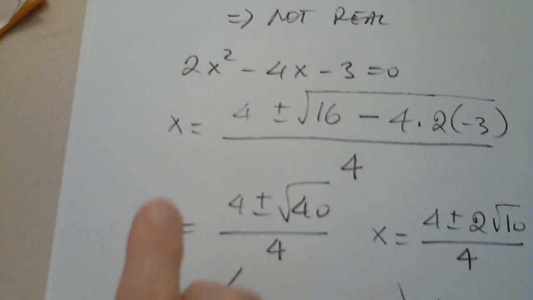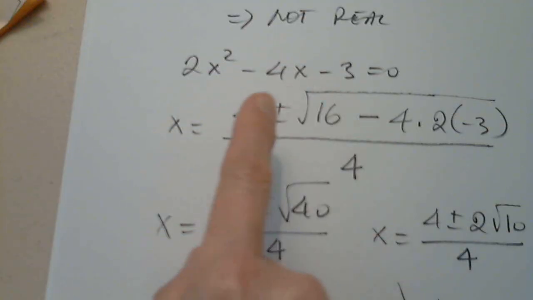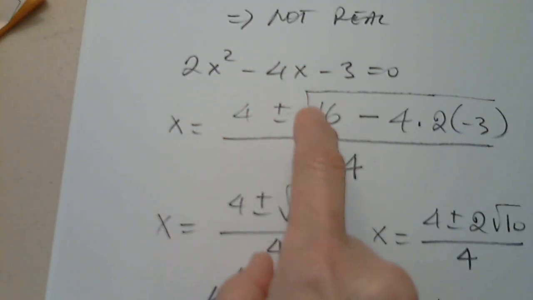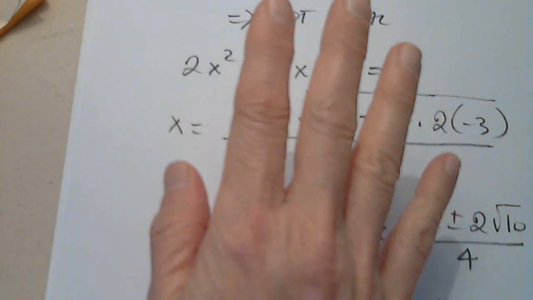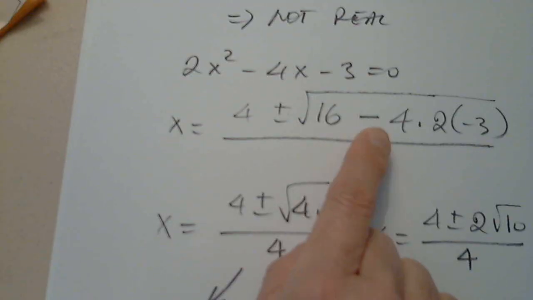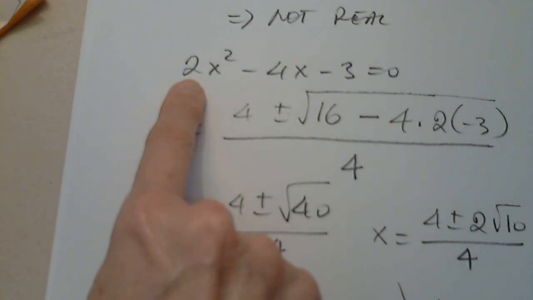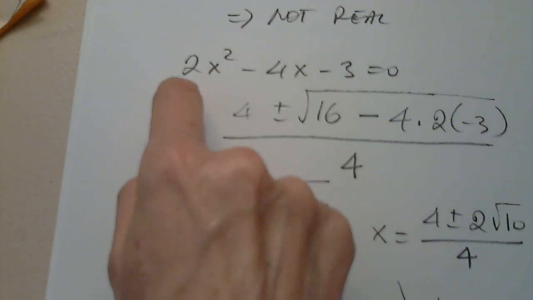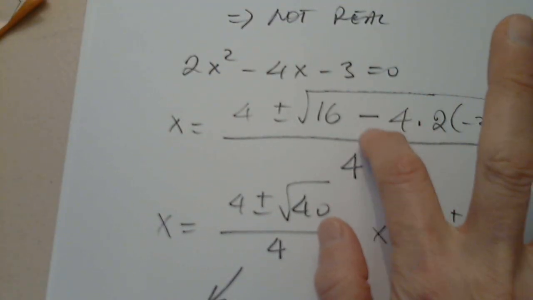So a is 2, b is negative 4, c is negative 3. Negative b, the opposite of negative 4, plus or minus the square root. You don't care what b is. When you square it, you get a positive number. Negative from the formula. b squared minus 4 times a times c. But I have two negatives here.